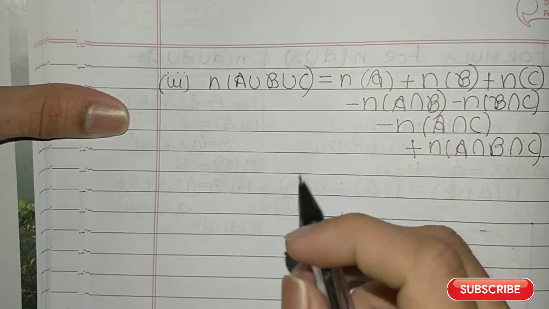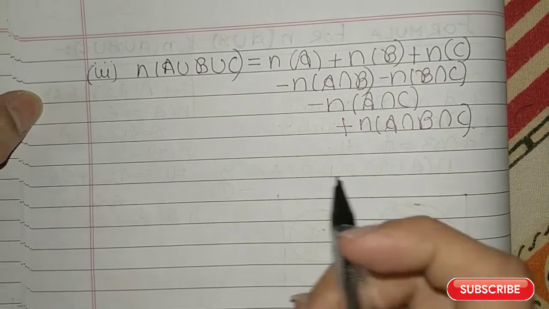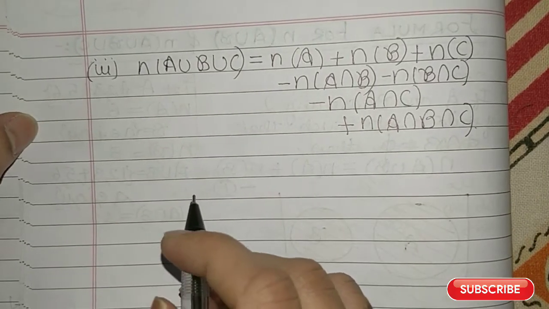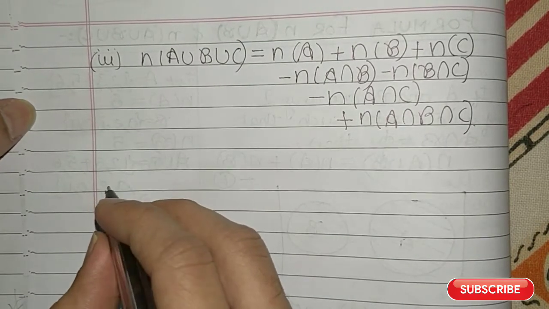This we have to prove. Now we will not use the Venn diagram here, we will use the formula 2, okay. So let us see how to use the formula 2 to get this formula.